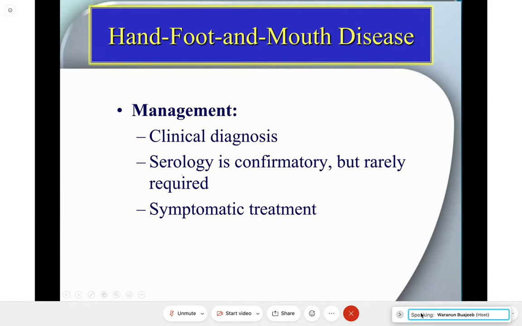If necessary, you can have serology to confirm, but normally it's not necessary, and just symptomatic treatment for fever and maybe anesthetic mouthwash or anesthetic mouth gel to reduce the pain caused by the ulcer.